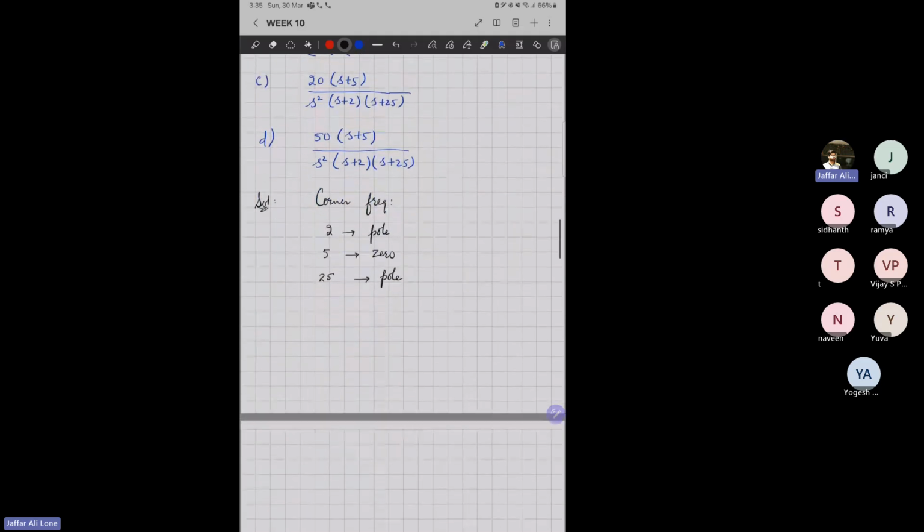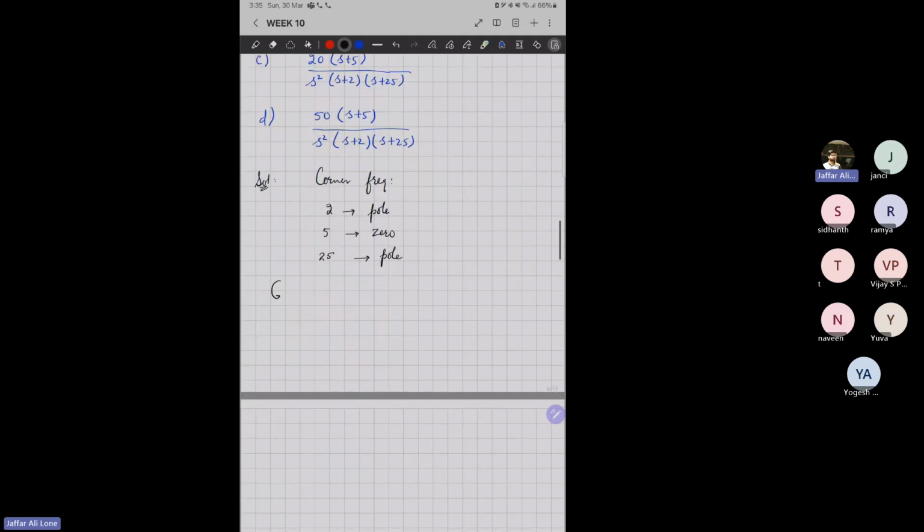Based on this, we can write the transfer function in time constant form like this. Why I wrote s square here?